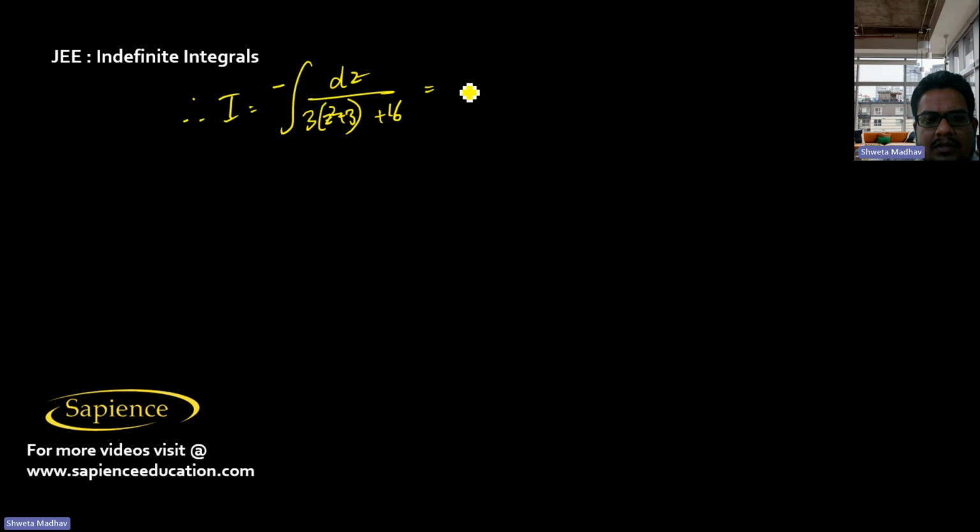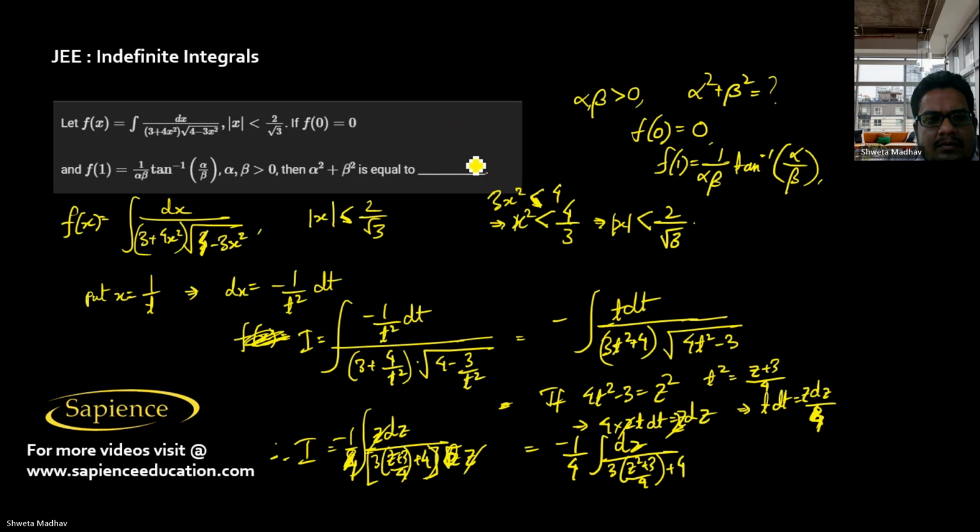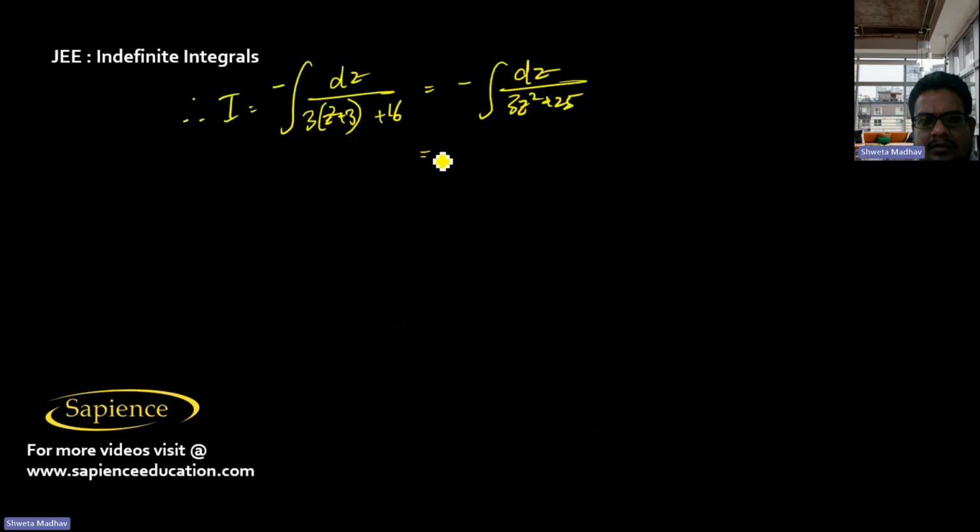So I can write minus integral dz by (3z square plus 25). So from here 1 by 3 I can take as common. So this will be minus 1 by 3 integral dz by (z square plus 25 by 3).